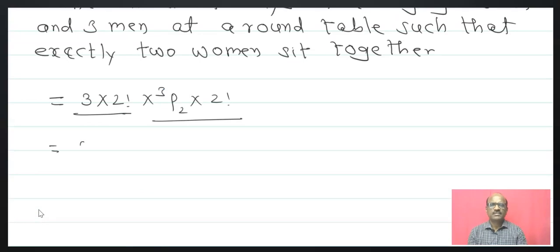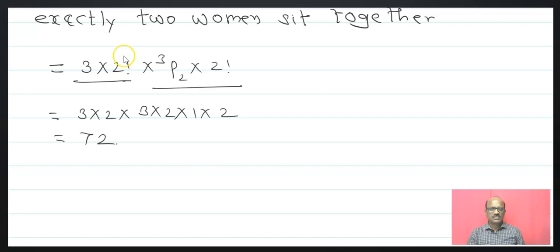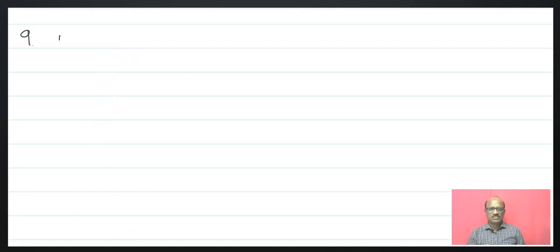Therefore, 3 groups of the women can be formed.